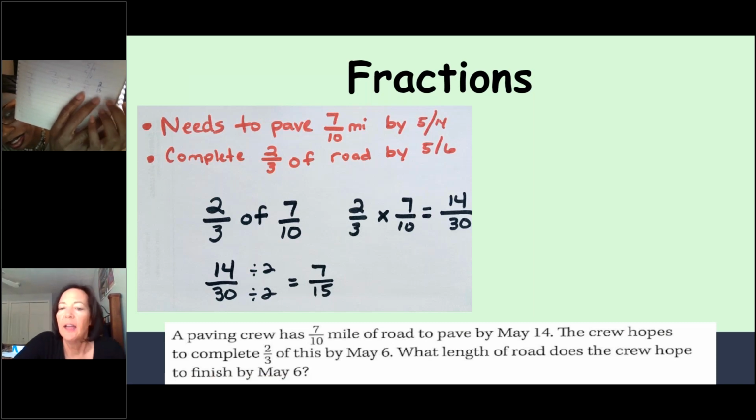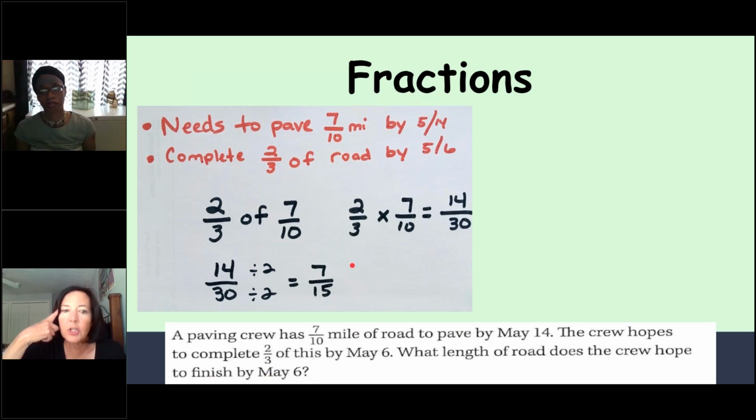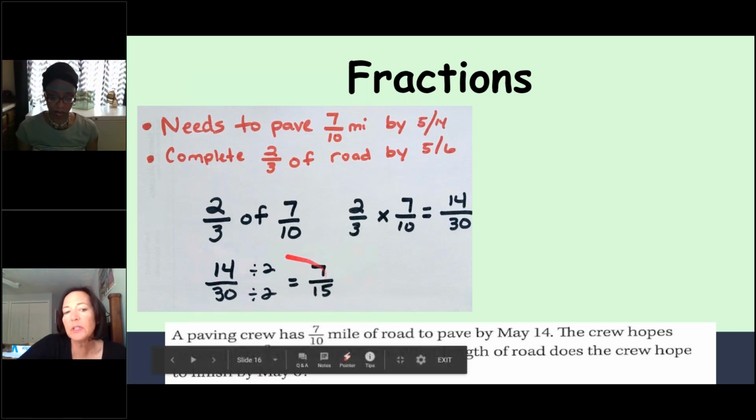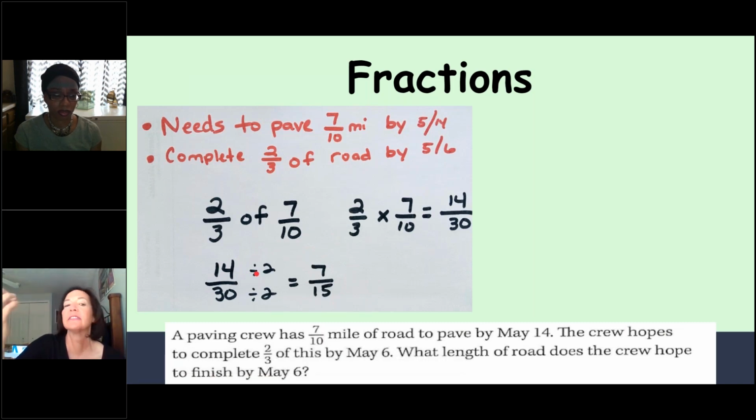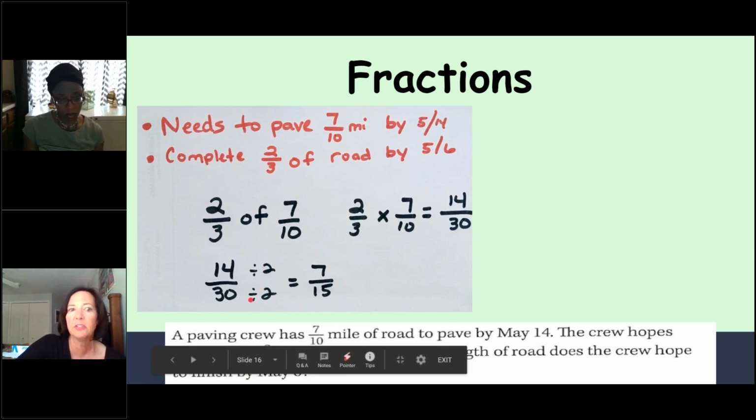Your thought process was absolutely correct. While you're practicing your fractions, it might help you to write it out the way I did, because you know that 2 is important. 2 is the number that's going to divide evenly into both of those. And so I wrote divided by 2, divided by 2.